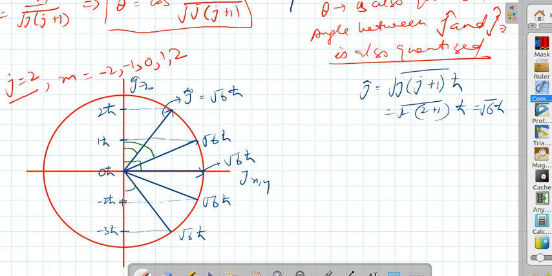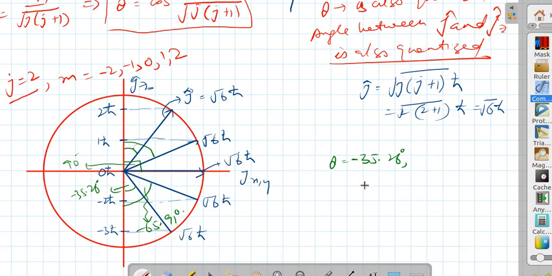These angles come out to be: theta is minus 35.26 degrees, and this one is minus 35.26 degrees, and similarly this angle comes out to be minus 65.91 degrees, then this angle is 90 degrees, and similarly other angles.